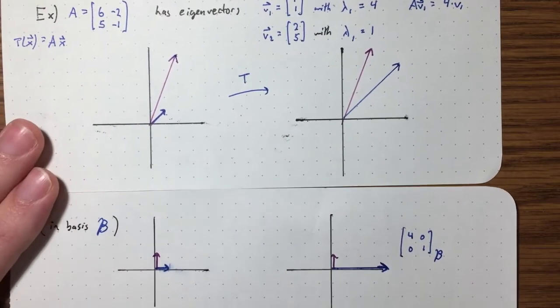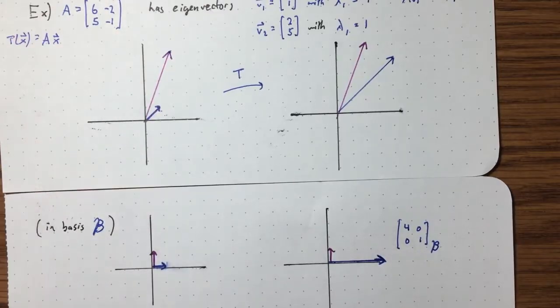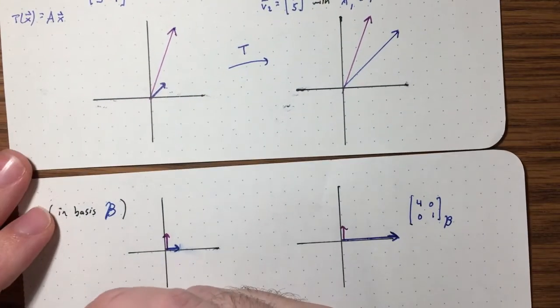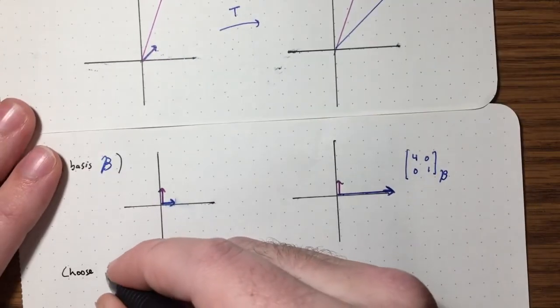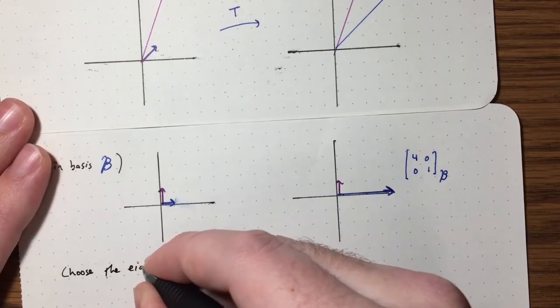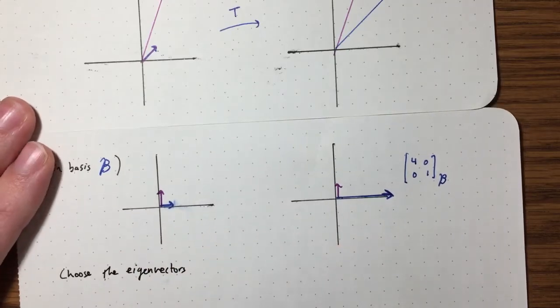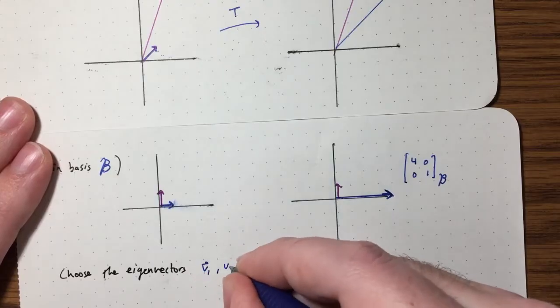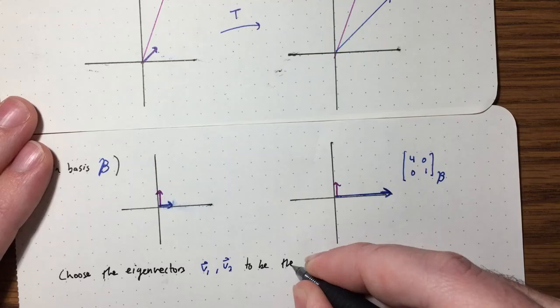And so there's no hope I would be able to view that as just a scaling in one cardinal direction. Okay, so the main idea is I want to choose the eigenvectors v1 and v2 to be the new basis.